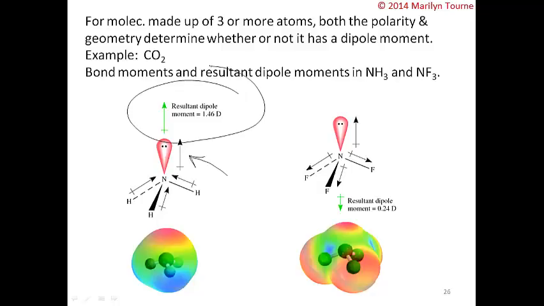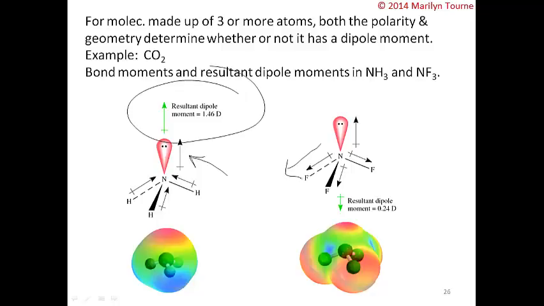So now if I look at the dipole moment between the nitrogen and the fluorines, the electron shift is going to go towards the fluorines for each of those fluorines. And then of course you have the electron pair, which the electron shift from the nitrogen is going to go towards the lone pair.